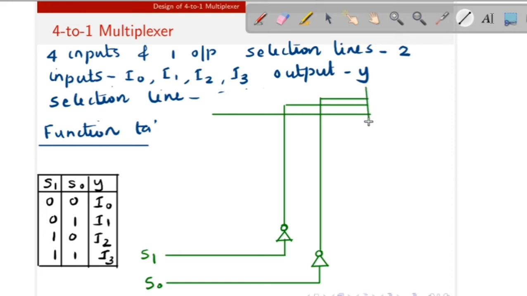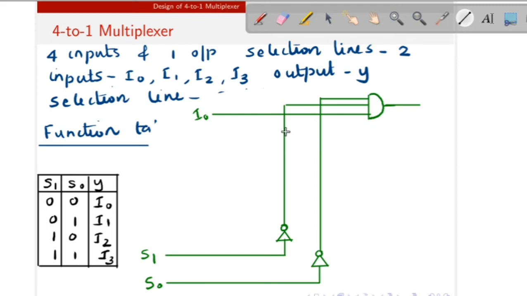Then take the output, that is, it generates I0.